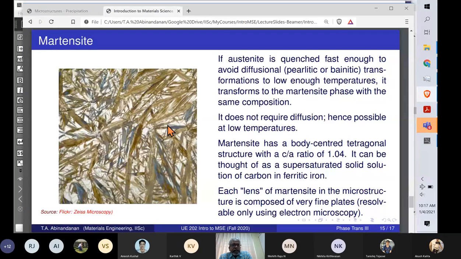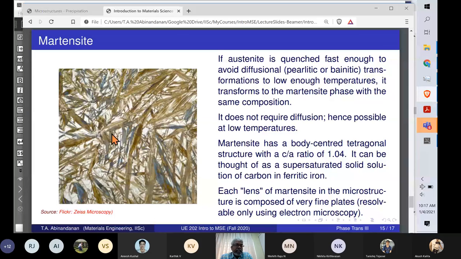The other thing that happens when you quench it in water, that is, you have cooled austenite fast enough that it avoids the nose, and to a temperature low enough that bainite or pearlite is not possible, then it produces something called martensite. And this is a microstructure.